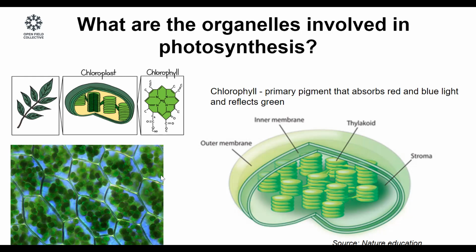So those wavelengths of light are being absorbed. And what is reflected is green. That's why we see it. So green is kind of the useless wavelength for them. That's the wavelength they're not using. They're actually using the red and the blue. So that's always confusing when people say, oh, are we using a green wavelength for doing photosynthesis? No, that's the one which gets reflected. That's the one which we see.